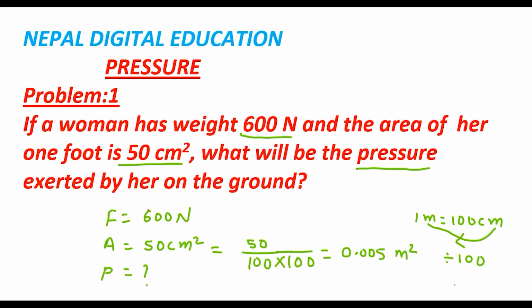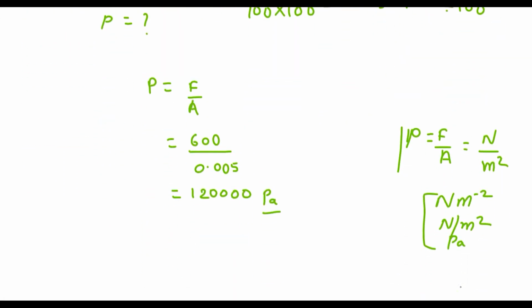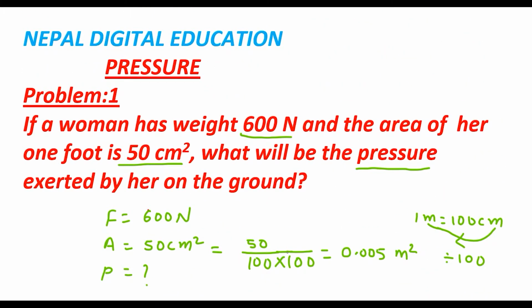So this is the required pressure exerted by her on the ground, that is 120000. We can also write it in scientific notation, that is 1.2 into 10 to the power 5 Pascal. So this is the required pressure.